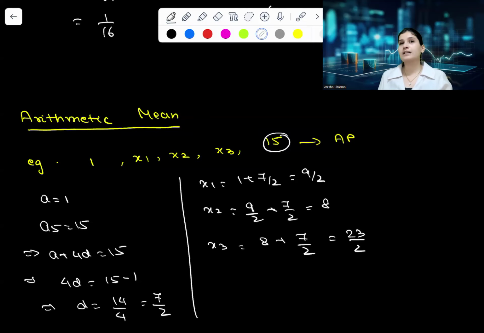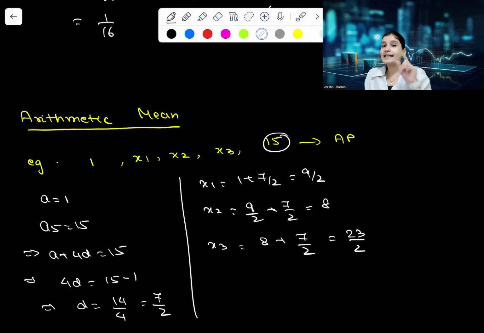Done? Yes. So if I have inserted, say, 10 arithmetic means, suppose between 1 and 15 I'm putting in 10 numbers, then how many terms would there be in the AP? 10 plus 2, 12. Again, if I insert 20 arithmetic means, then my sequence will have how many terms? 22 terms. If I put n arithmetic means, my sequence will have n plus 2 terms.